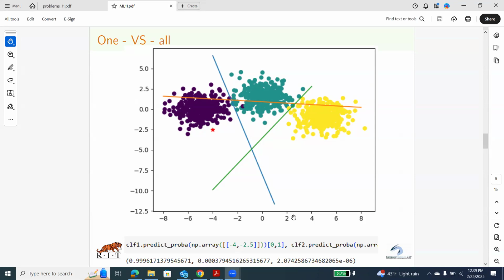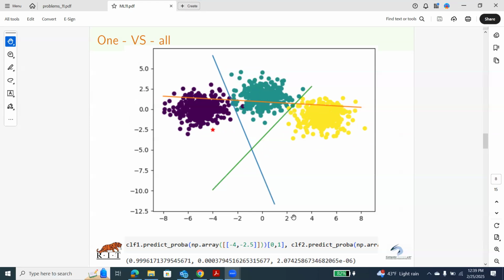Then we built another regression comparing the green class versus all, and the probability that our point belongs to the green class is 0.03. Then we built another linear function, the green one, and it returns the probability that our point belongs to the yellow class. This probability is also very small, 2^-6. Based on these numbers, we classify our point as belonging to the first class.